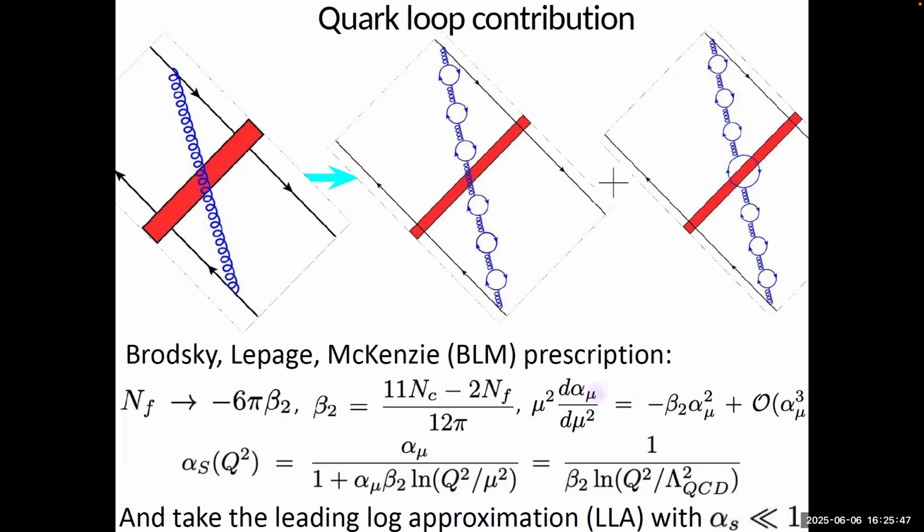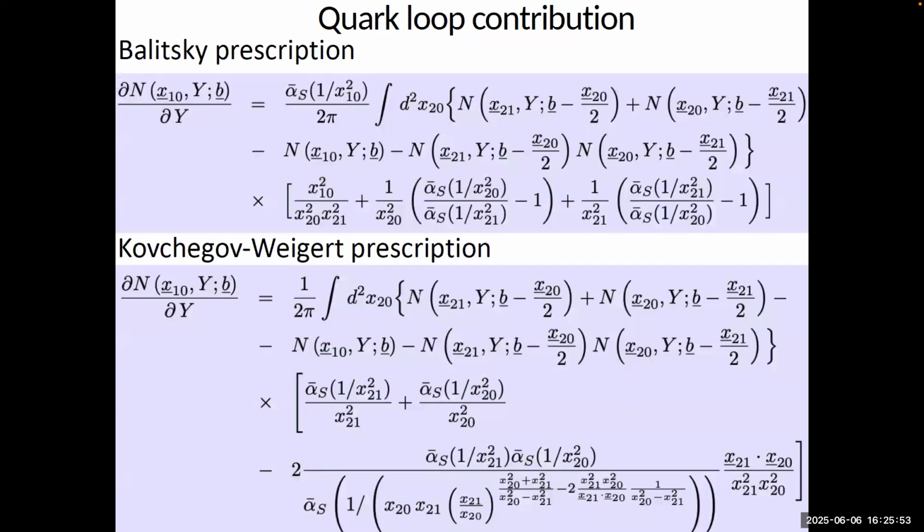And if we also take the leading log approximation in our equations, we will finally find the decay equation, but with running coupling corrections. We have two models for this. One was calculated by Balitsky and takes the following form, and the other is the Kovchegov-Weigert prescription. This is more difficult.